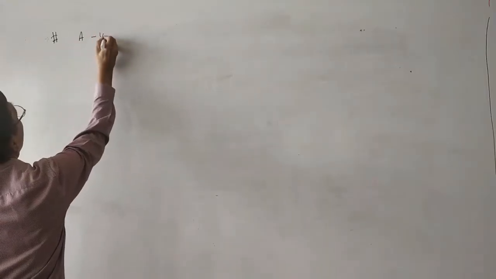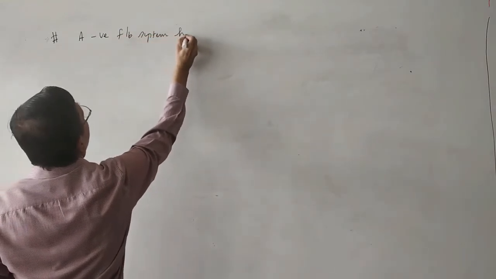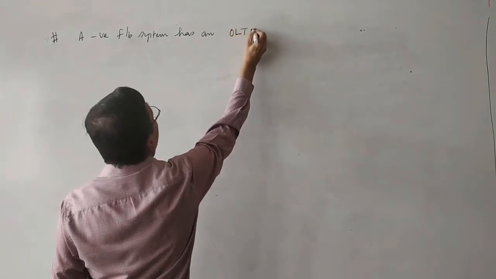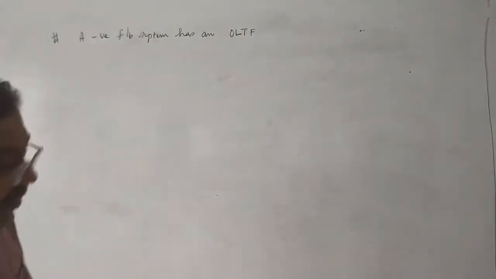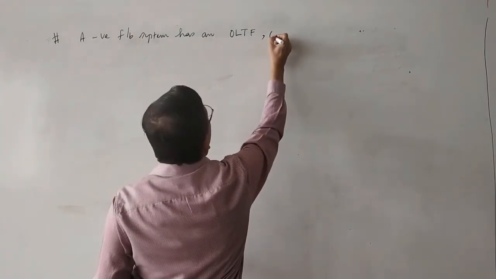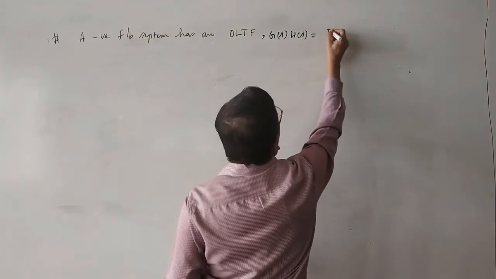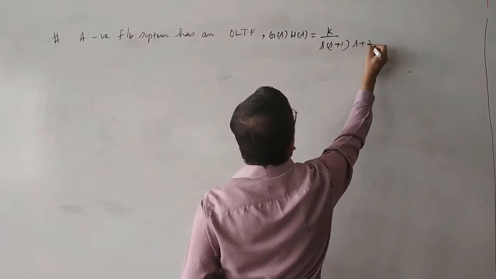A negative feedback system has an open loop transfer function. OLTF means open loop transfer function. G of s, h of s is equal to k divided by s into s plus 1 into s plus 2.